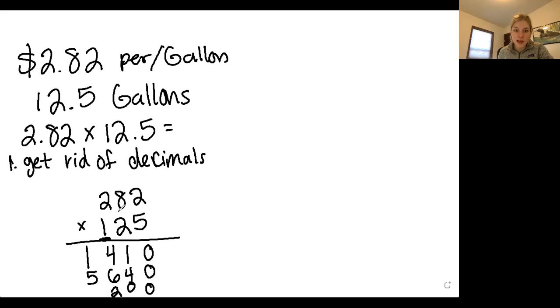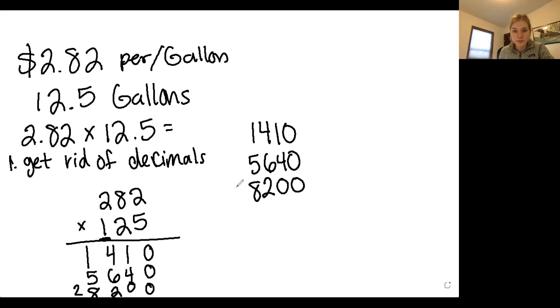See, that's 200. 1 times 8 is 8. And then 2 times 1 is 2. I'm sorry, it's getting really small. I'll rewrite it over here. Okay, not the neatest, but it'll do.